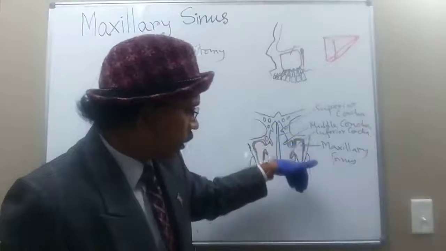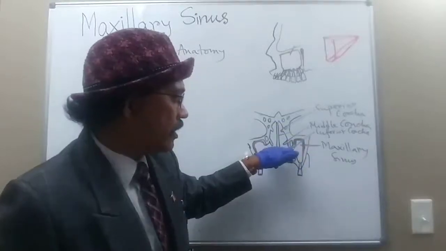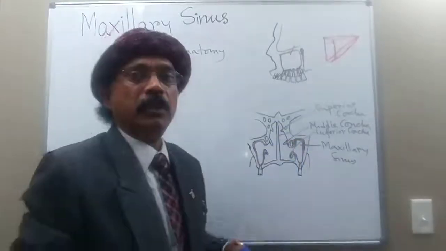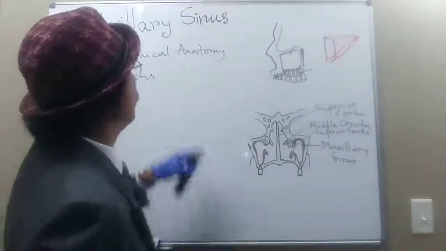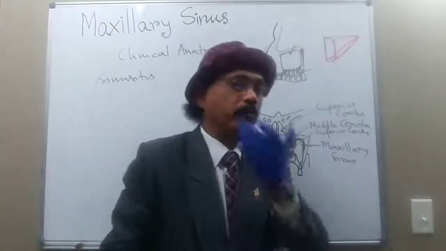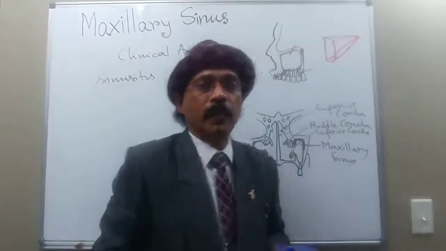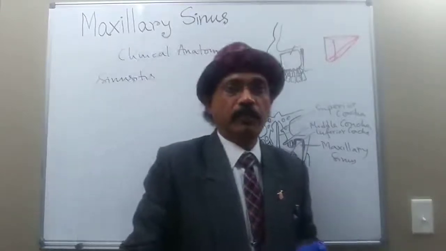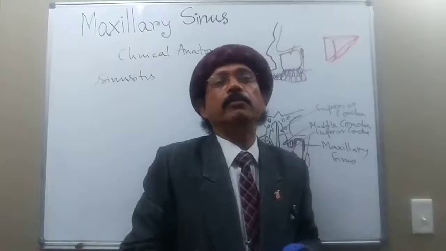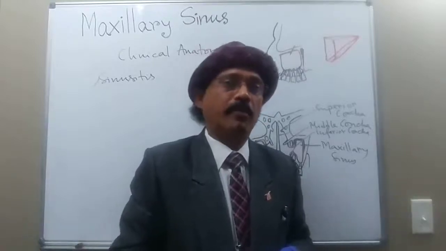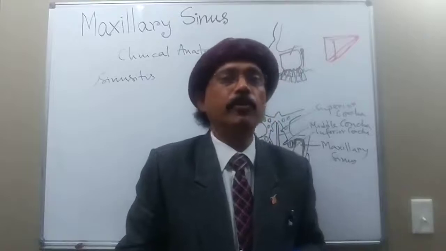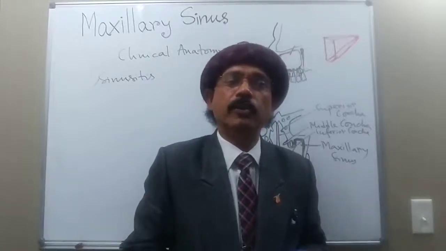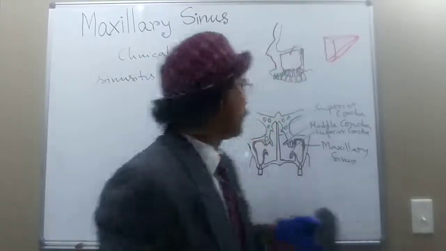The bottom is further down, the exit is above the bottom. That is the problem. Okay, so we can identify sinusitis. Patient has pain here, headache, discomfort, and we can do the X-ray of the paranasal sinuses, and we can do the transillumination test to diagnose the sinusitis.